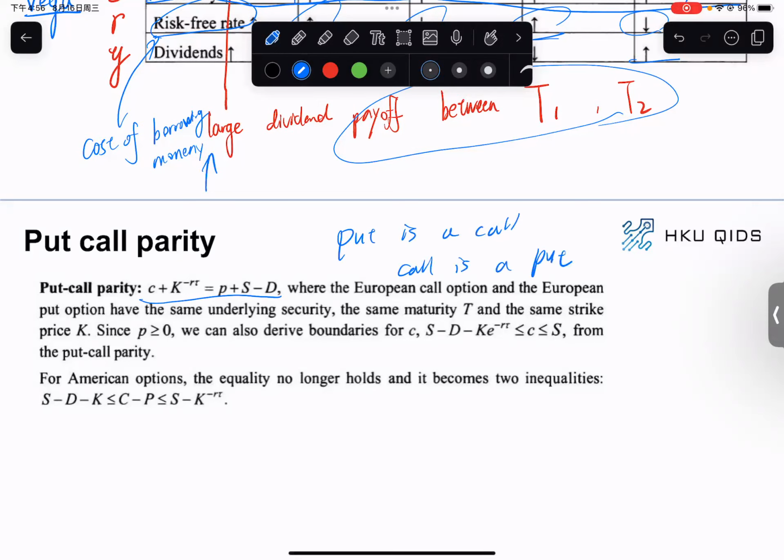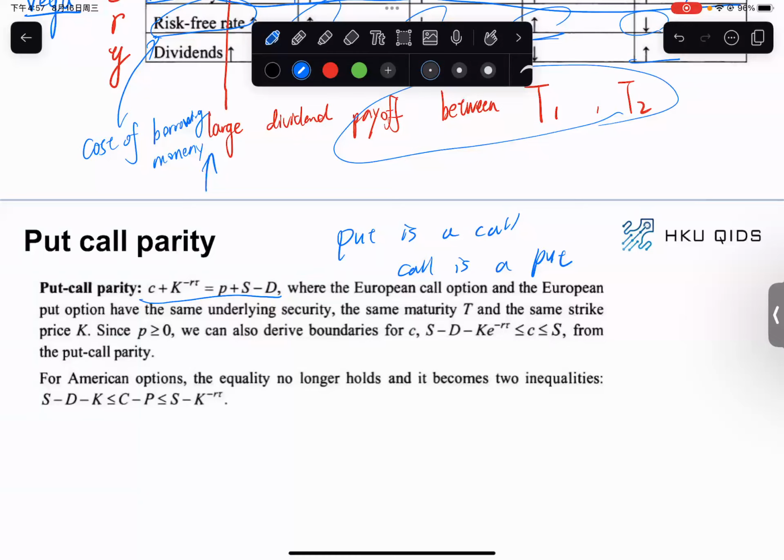If you really go to the industry, if you go to Wall Street and ask a trader how many option positions he has, he probably won't say something like, I got 300 long put positions and 200 call positions. Instead, he's going to tell you, I got 500 option positions. Because put and call are just the same thing.